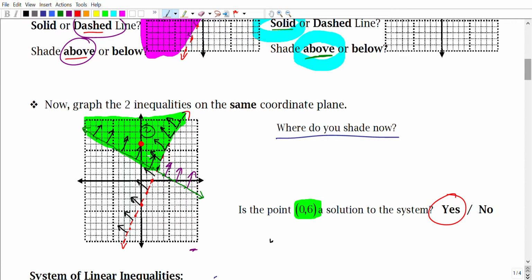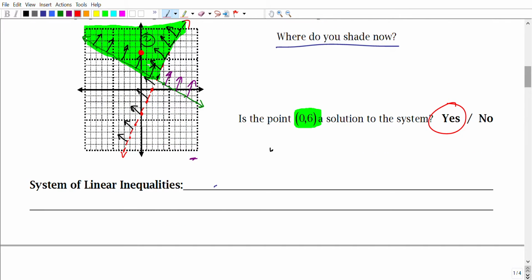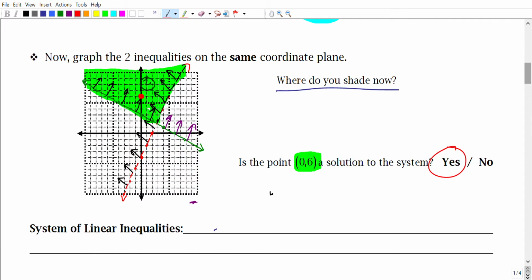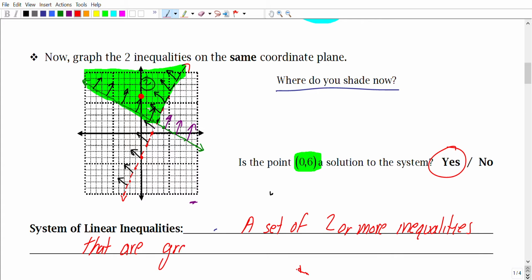So now that we have a little bit of a better idea of how to graph these, let's just give a little definition of what it is to be a system of linear inequalities. All a system of linear inequalities is a set of 2 or more inequalities that are graphed on the same coordinate plane.